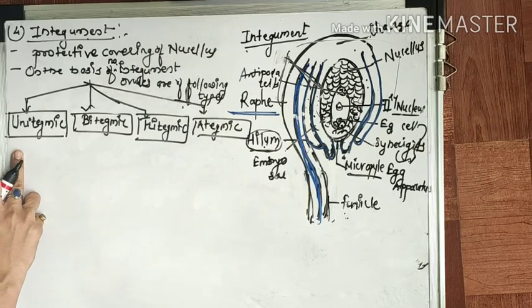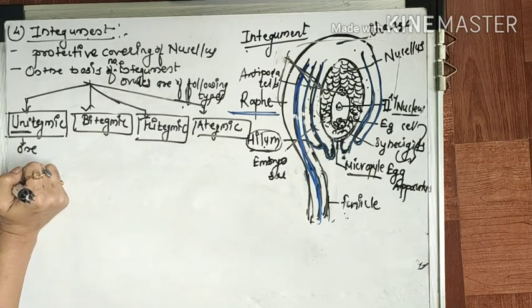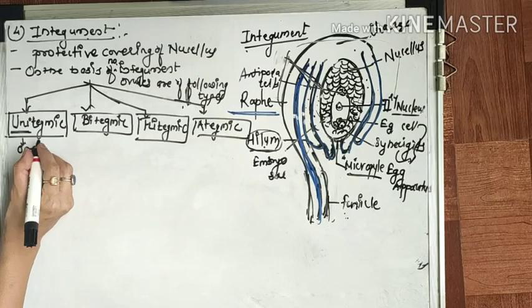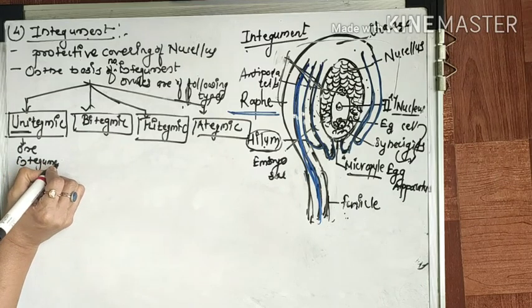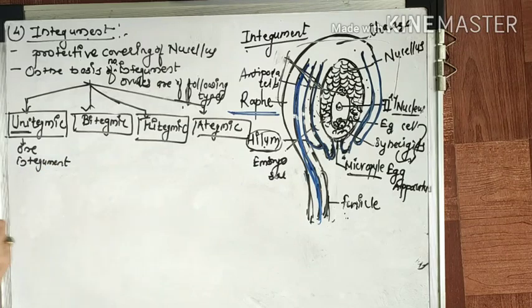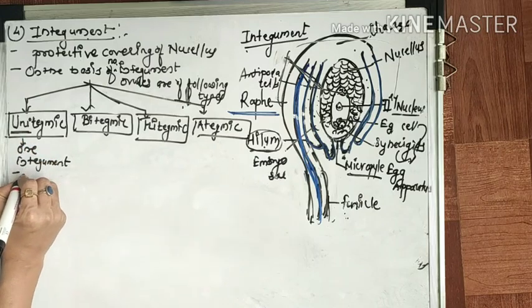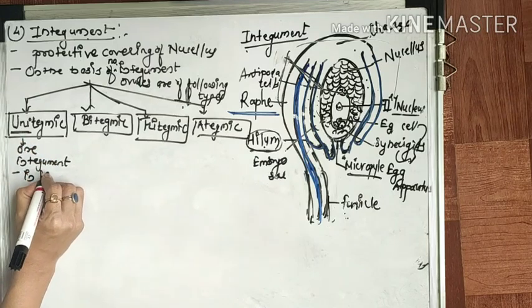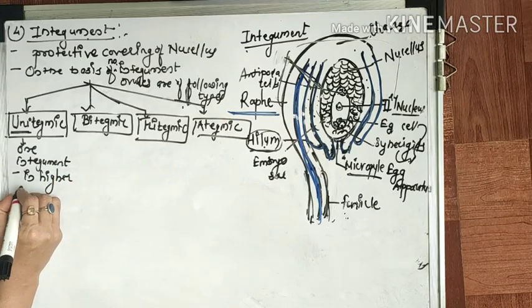First is called unitegmic. What do you mean by uni? It means one. If they have one integument, it's called unitegmic, and this is seen in higher plants, higher dicots.